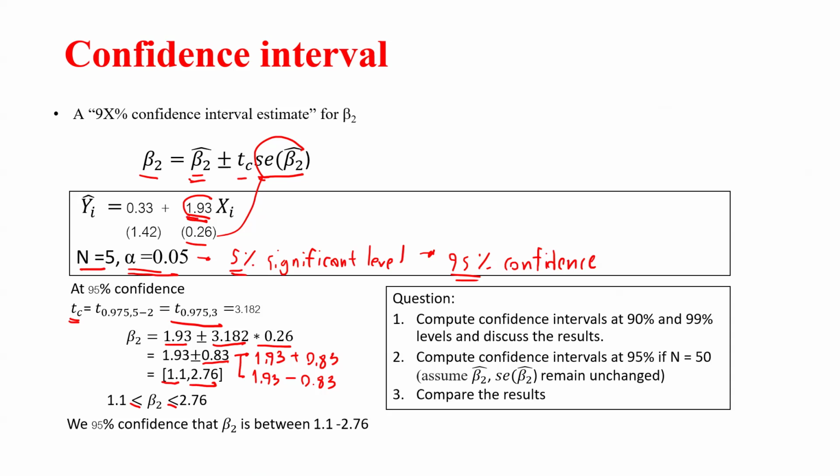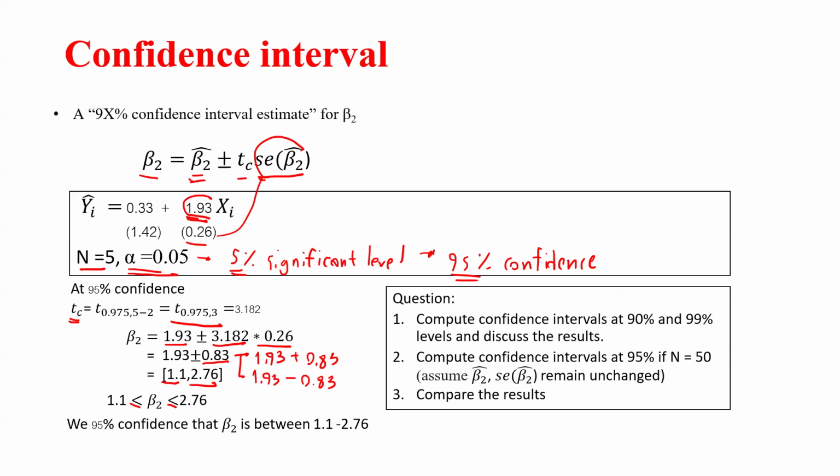Can we trust the point estimate or not? We may say that 1.93 is correct or incorrect, I don't know. But we have 95% confidence that the real beta must be between 1.1 and 2.76. One more time.